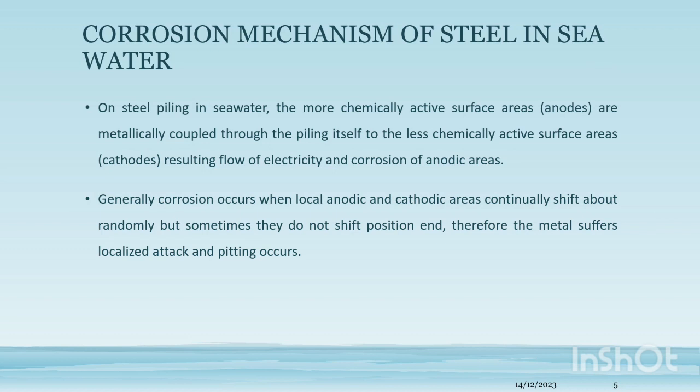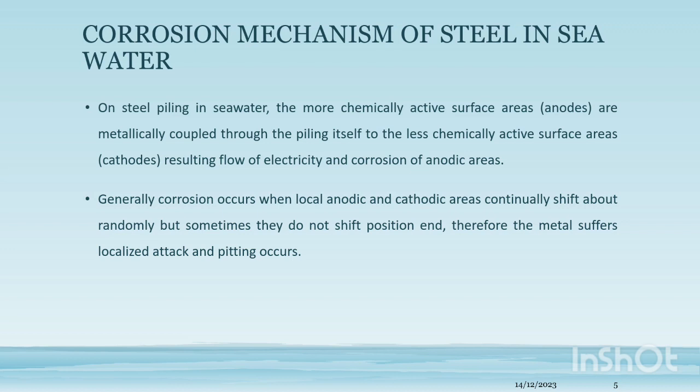Corrosion mechanism of steel in seawater. On steel piling in seawater, the more chemically active surface areas, the anodes, are mechanically coupled through the piling itself to the less chemically active surface areas, the cathodes, resulting in flow of electricity and corrosion of the anodic areas.